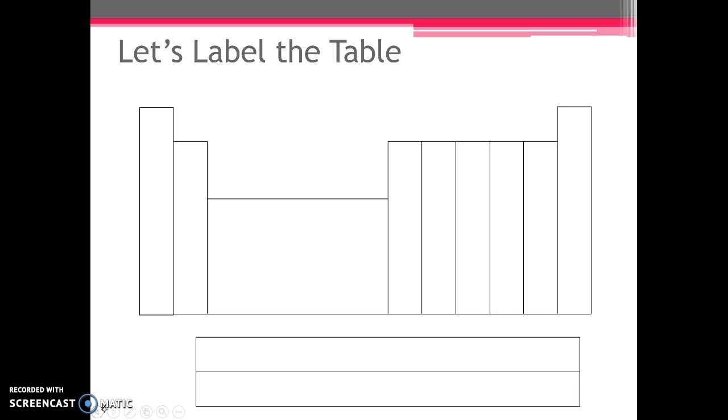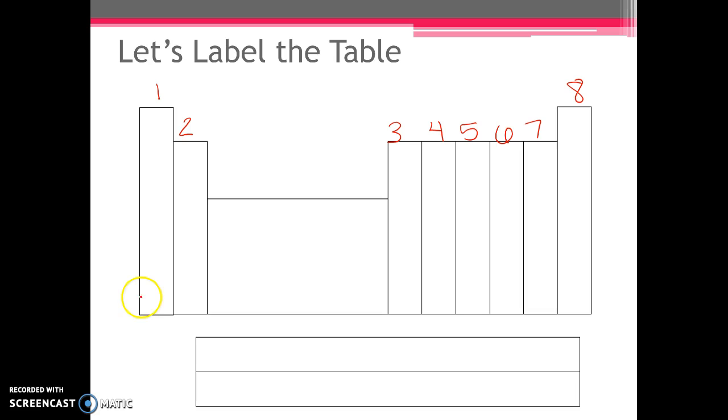So let's label. Going across the groups, we had group 1, 2, 3, 4, 5, 6, 7, 8. And as you'll soon see, these numbers represent the number of valence electrons that any element in that group or family has.